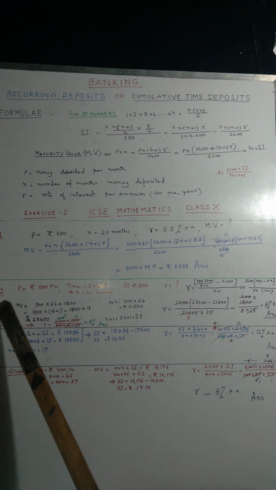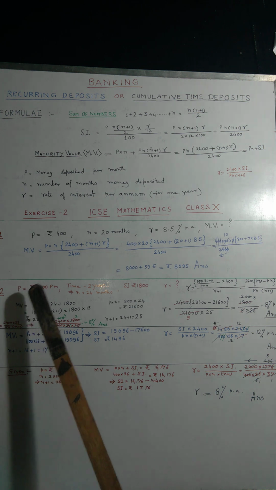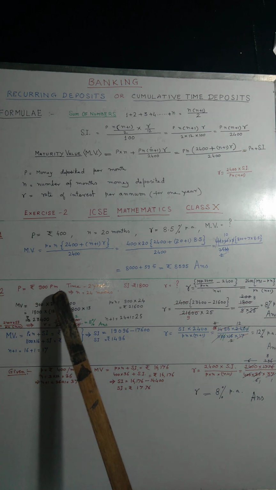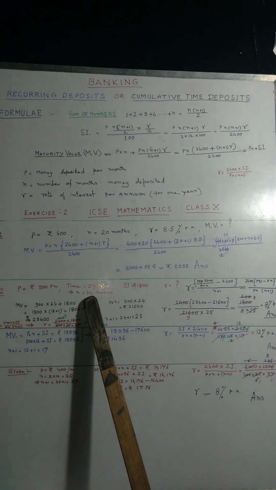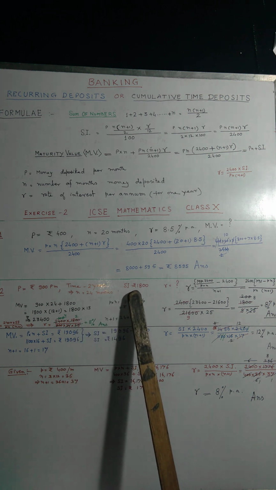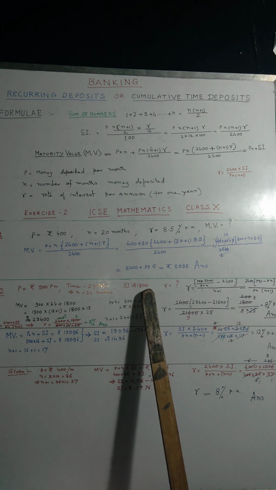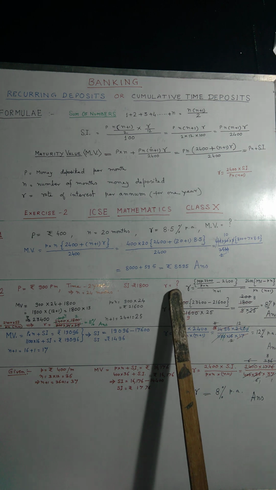Now proceed to question number 2. Here the amount deposited per month is given, that is 900 per month. Time is 2 years, so the number of months will be equal to 24. Simple interest is given, that is 1800. We have to find out the rate of interest per annum.